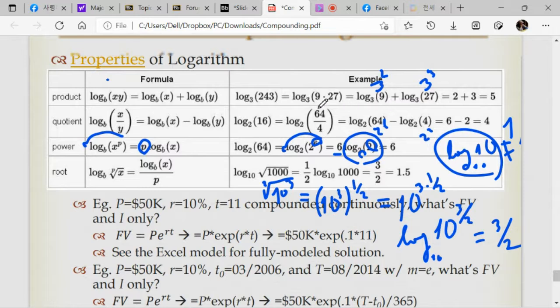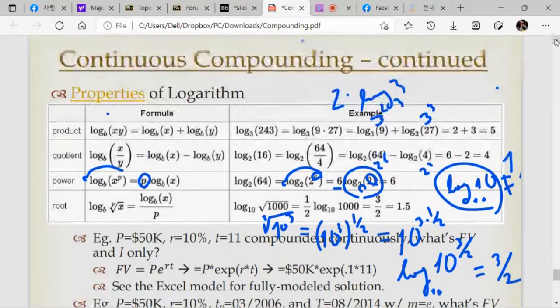And if we are using log to base 3, this is 3 squared, 3 cubed. By this rule, you move the exponent down. This becomes 2 times log of 3 to base 3, which is 1, plus 3 times log of 3 to base 3, which is 1. So eventually it's 2 plus 3, which is 5.